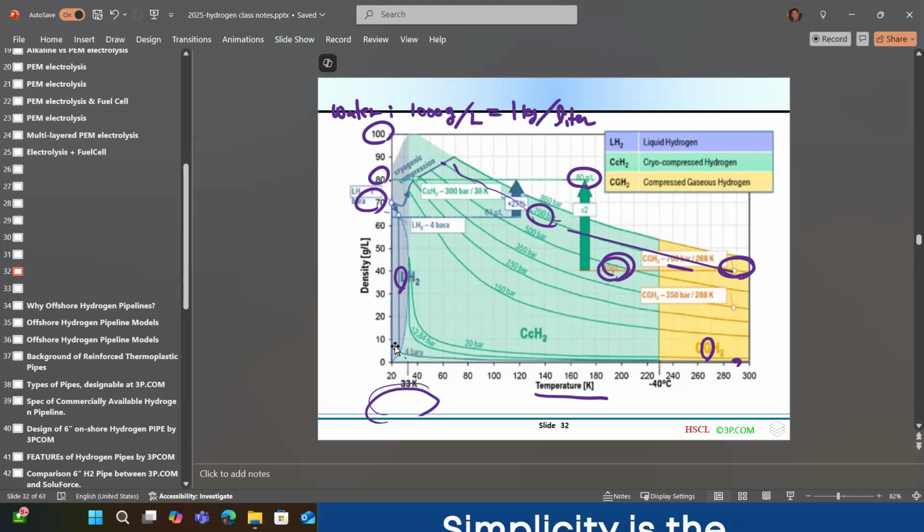Okay, the pipeline is not just for distribution, but it can be a storage system because the internal volume is so big, and with the density of about 10 gram, or well, about 5 gram is also okay.